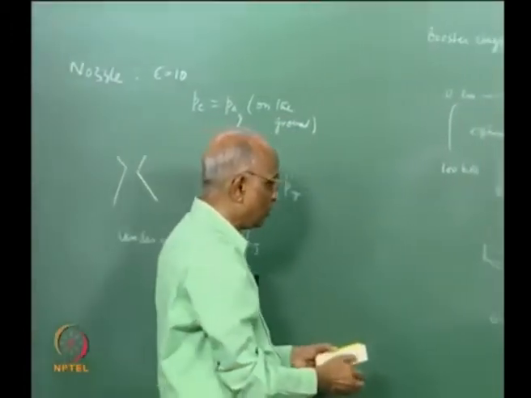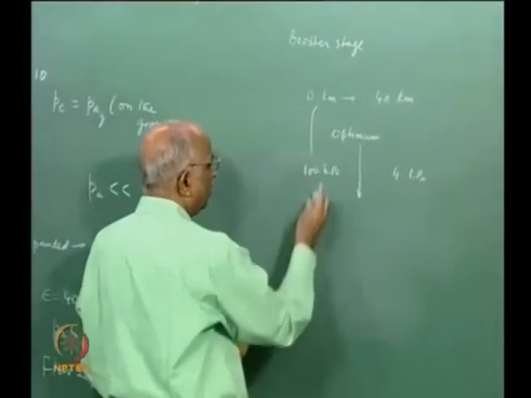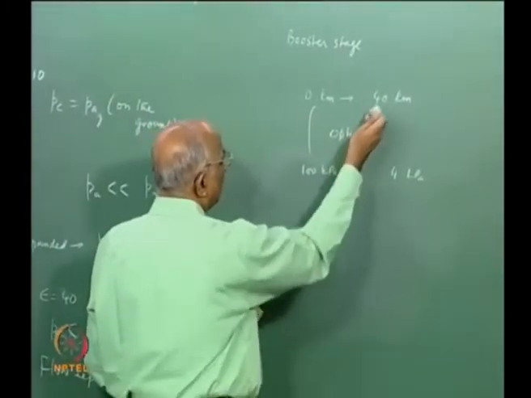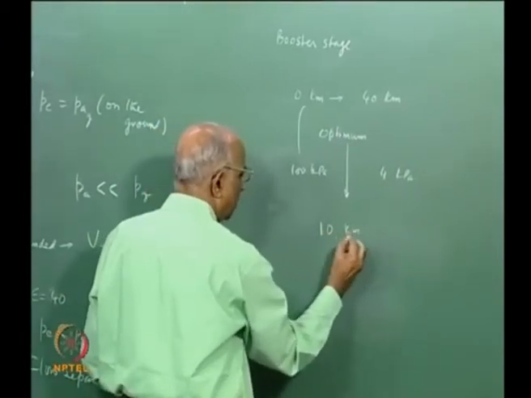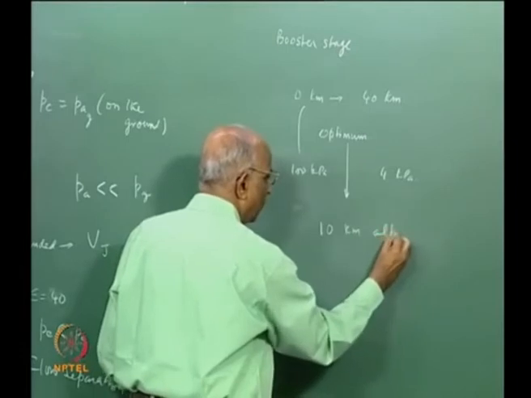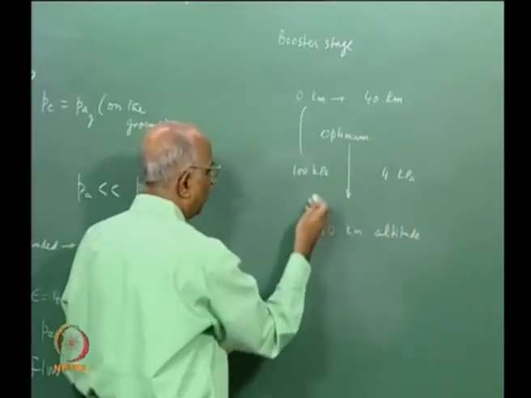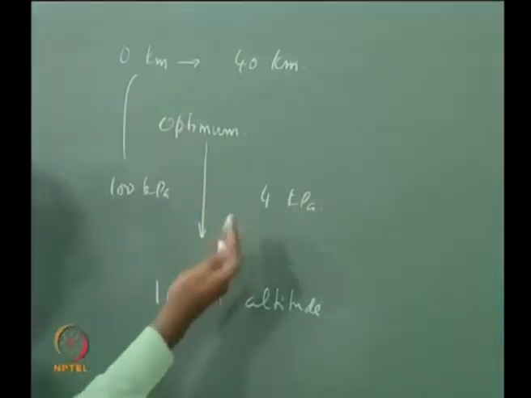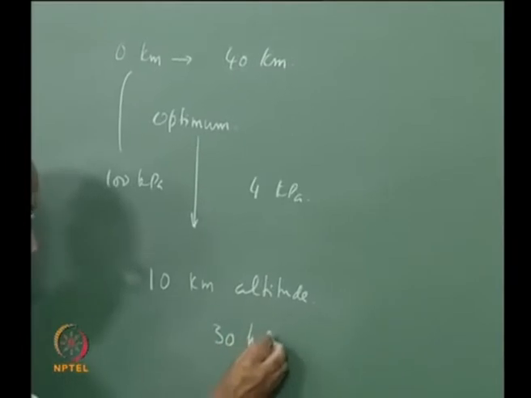Therefore, I make the nozzle such that for an intermediate altitude, between these two, maybe I have to fly to 40 kilometers, I design my nozzle for 10 kilometer altitude, in which case the pressure may be somewhat different from 100 and 4, maybe nearer to 30 kPa.